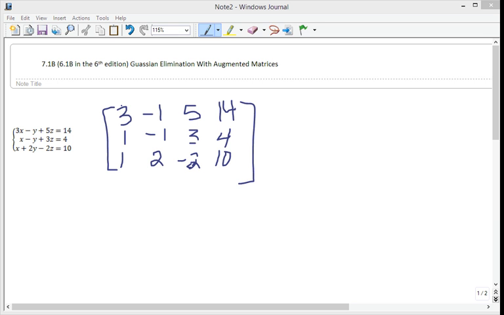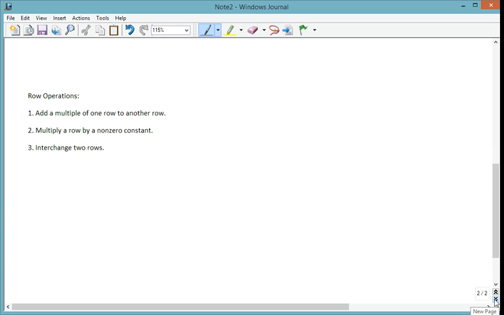Okay, so the things that we can do to this are called row operations, and they're very much like what we did with the equations. There are three things that we're allowed to do to the rows. We can add a multiple of one row to another row, and this is exactly what we did in the elimination method.